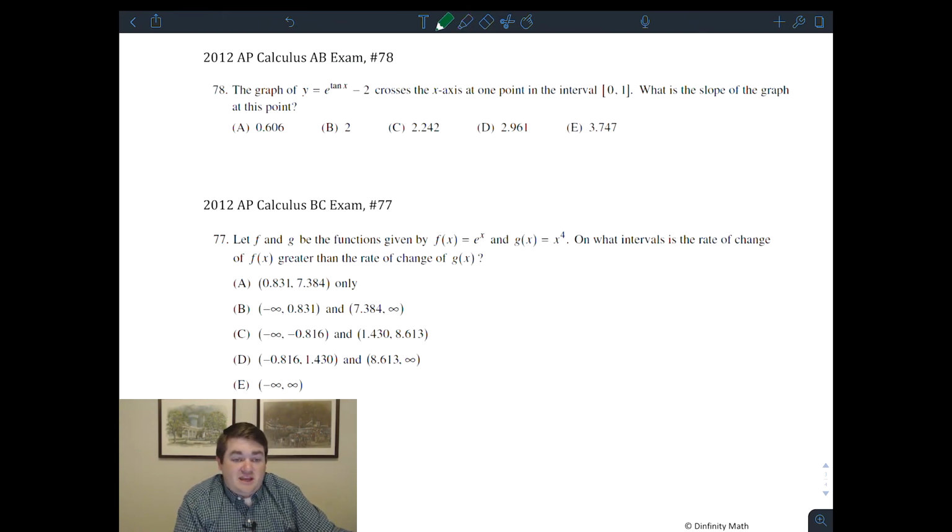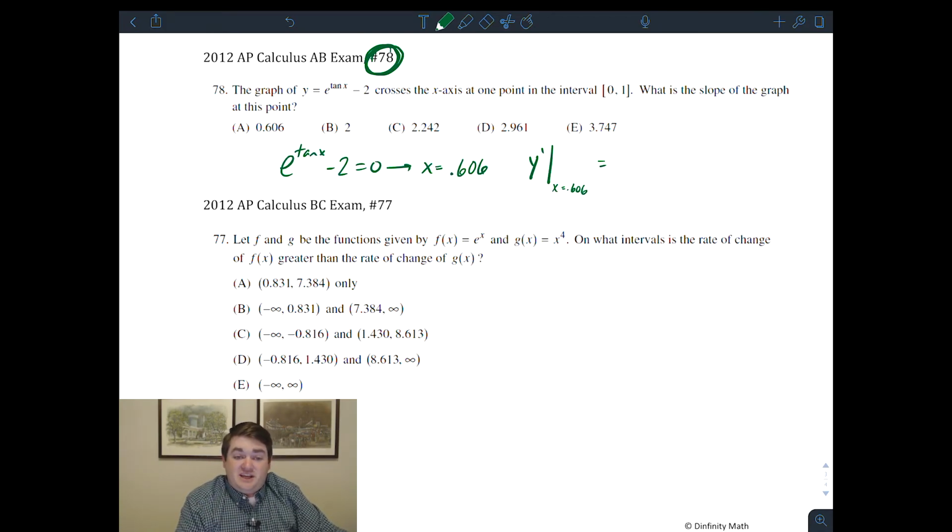2012 AB number 78. I want you to notice that since the question number is 76 or higher, this was a calculator active problem on the AP exam. Very quickly you'll realize you need your calculator for this anyway, but the question number gives it away. The graph of y equals e to the tangent x minus 2 crosses the x-axis at one point in the interval 0 to 1. What's the slope of the graph at this point? Really similar to the two questions we had up in the notes. I need to graph it, find the point where it crosses the axis, store that value, and then use my calculator to evaluate the derivative at that stored value.